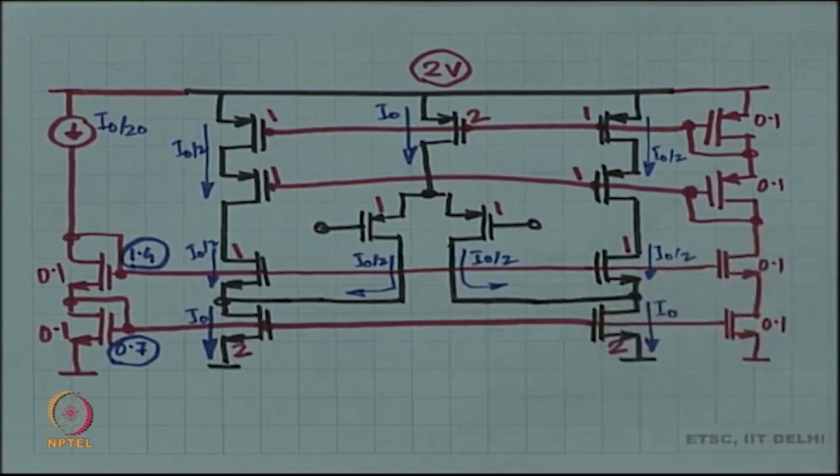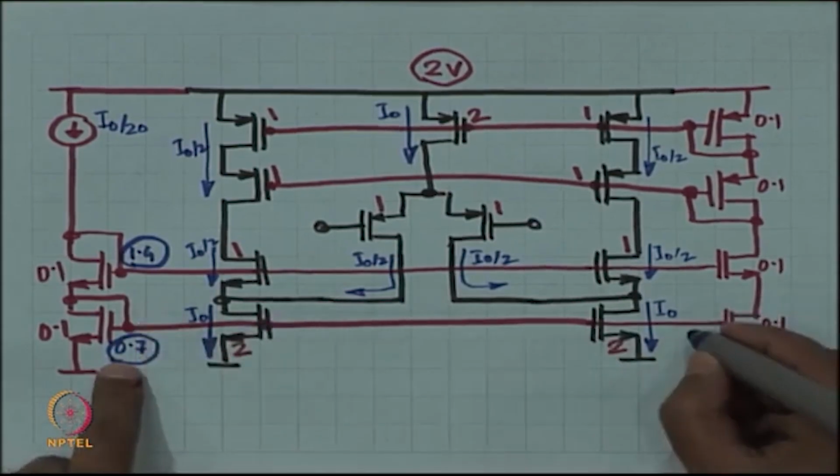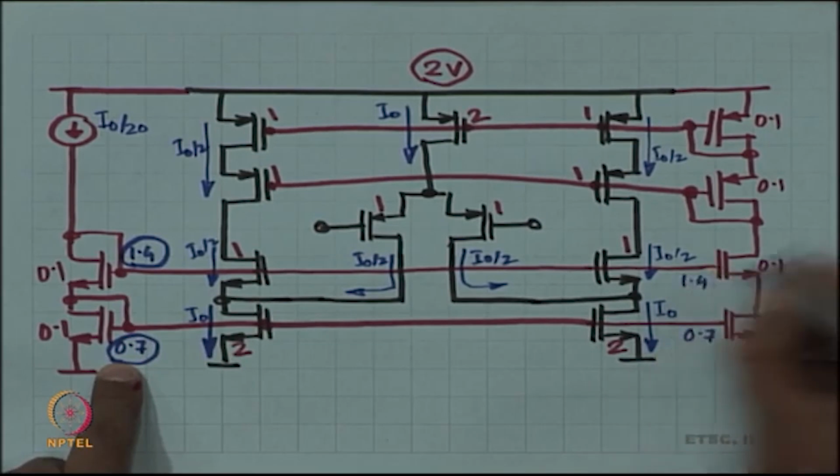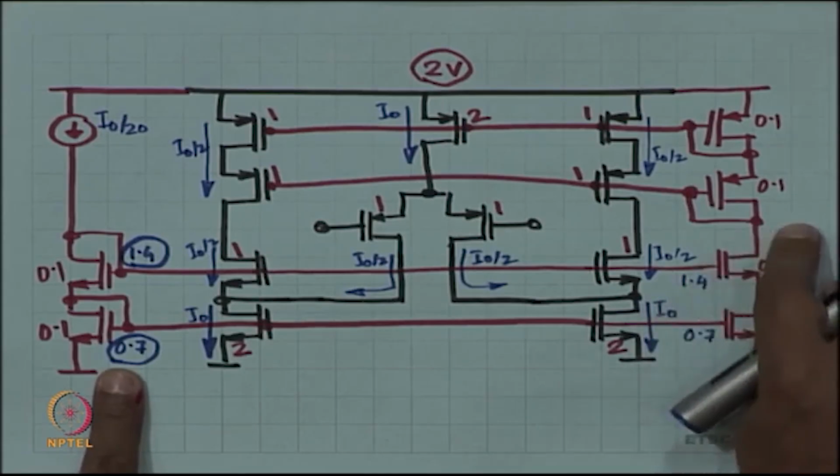Let us now check out the numbers. So, the voltage here is 0.7, here it is 1.4. So, the lowest voltage here can be 0.9, 0.5 less than 1.4.